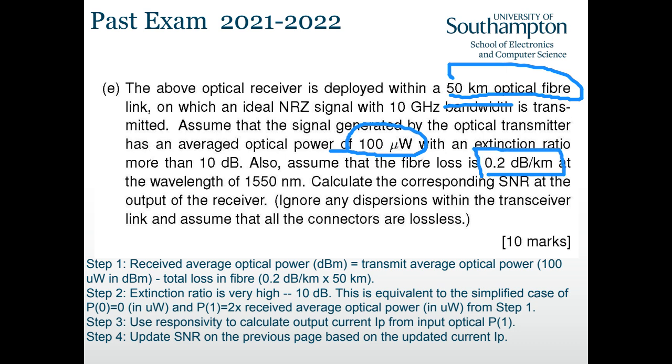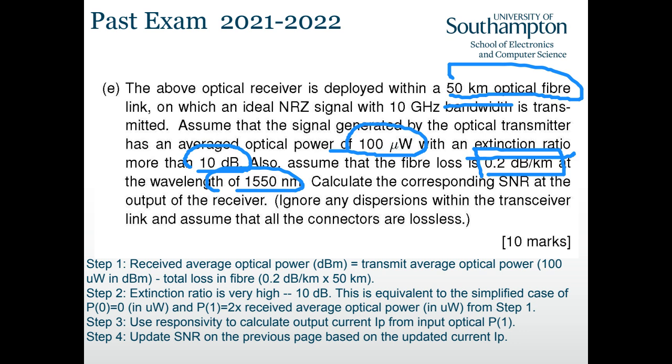And then you have the extinction ratio of more than 10 dB, and you have the wavelength. Now you need to calculate SNR. I can't directly give you the value for the answer, but we can go through the steps together.